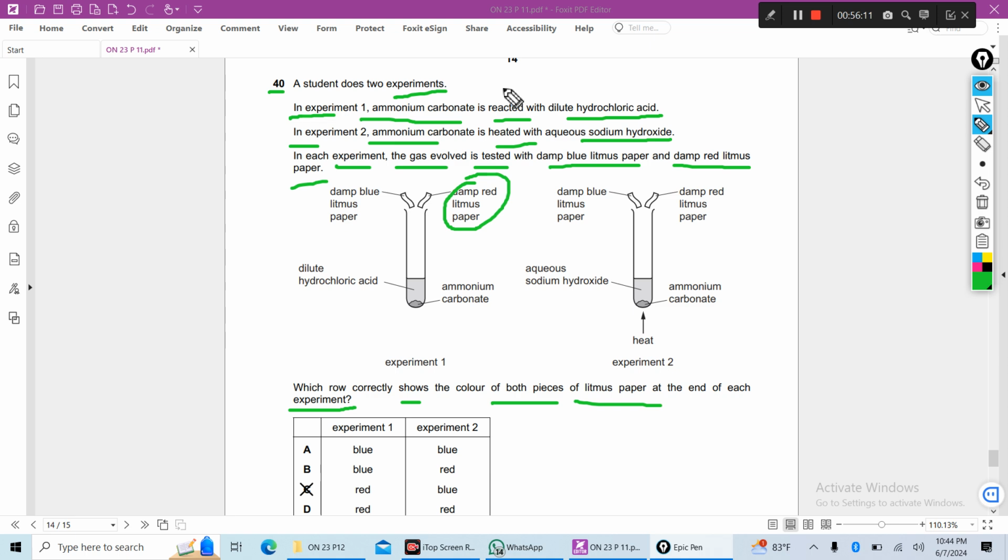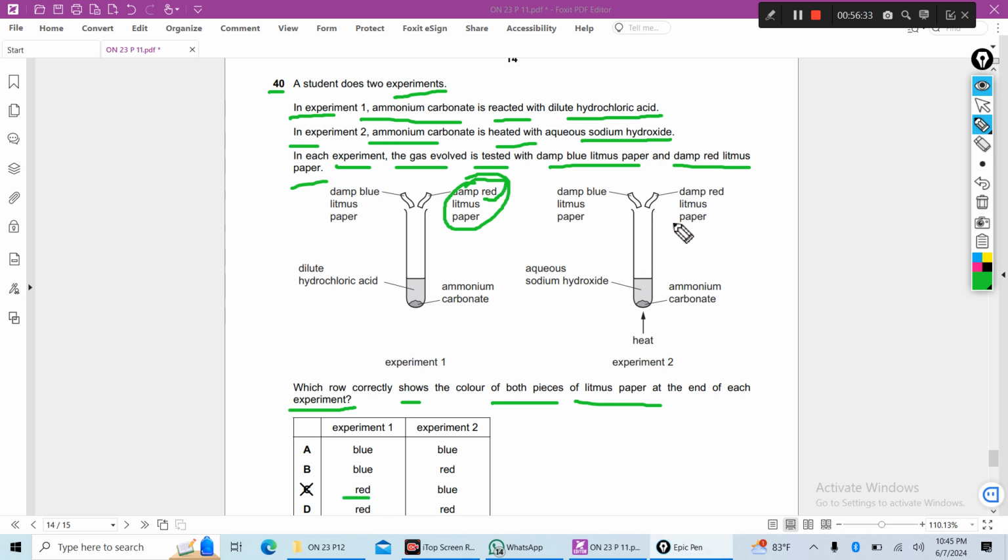Ammonium carbonate reacts with hydrochloric acid to produce ammonium chloride plus carbon dioxide plus water. Acidic gas is produced, so this red litmus paper will remain the same.